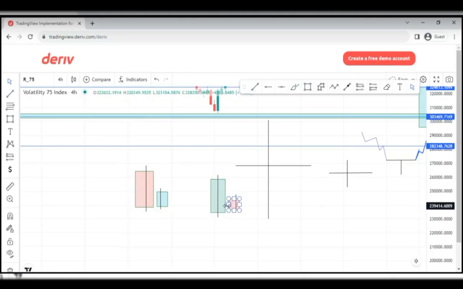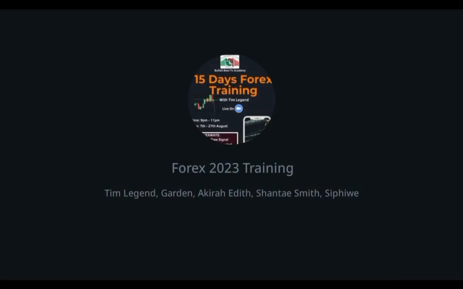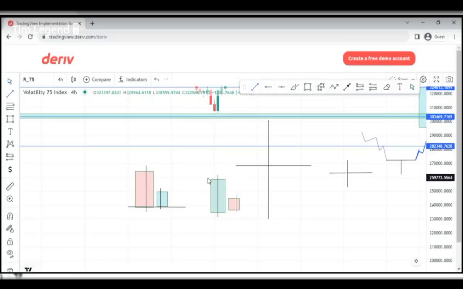You always take note, you want to see it in the right direction. If this is a bullish candle signal, I want to see it at support level, and this one I want to see at resistance level.